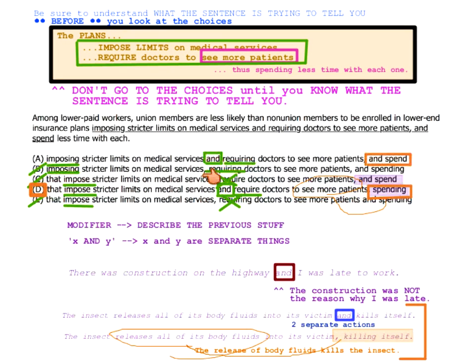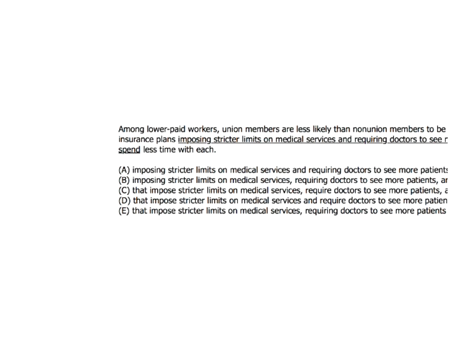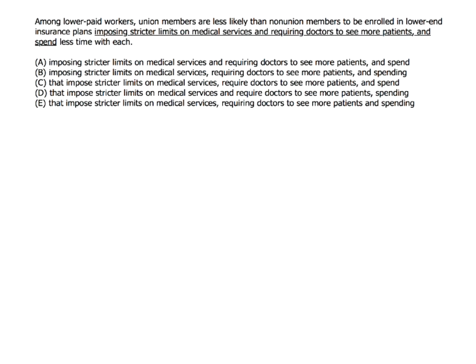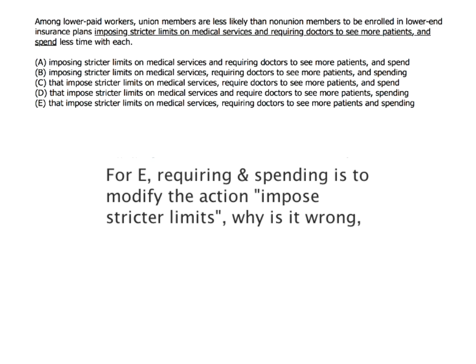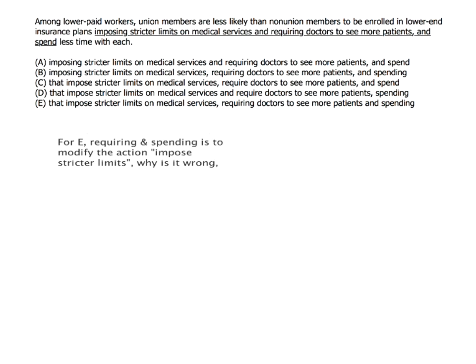So, okay, that was discussed, but we can discuss it again really quick. I mean, there are 2 things there. I mean, the first is you know that it has to say that the plans do this and do that.